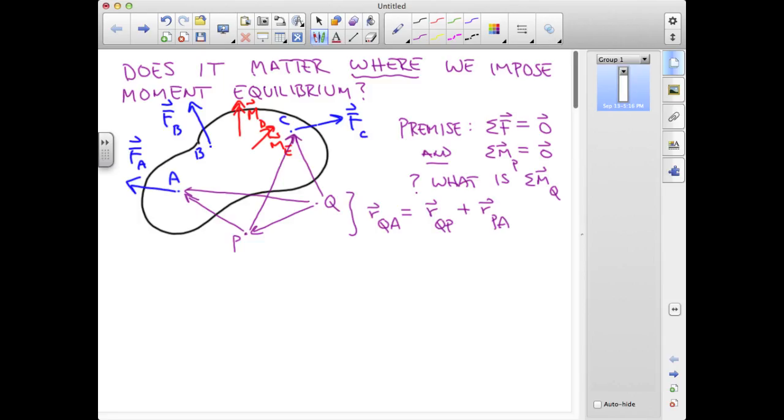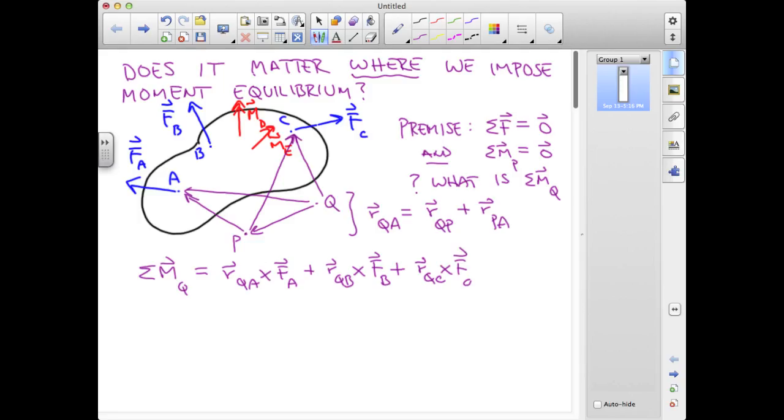So now I want to write an equation, sum of the moments about point Q. We want to figure out what that's equal to, given the fact that we're beginning with the premise that we have force equilibrium and we've already imposed moment equilibrium about point P. So on the basis of the three force vectors and the two moments shown here, the sum of the moments about Q could be written r_QA cross F_A plus r_QB cross F_B plus r_QC cross F_C.